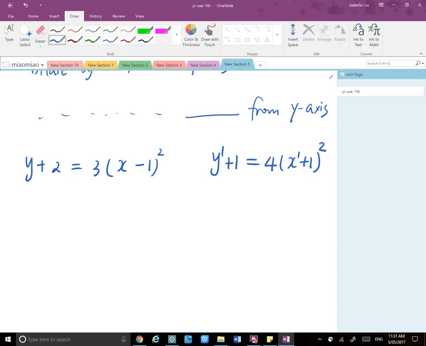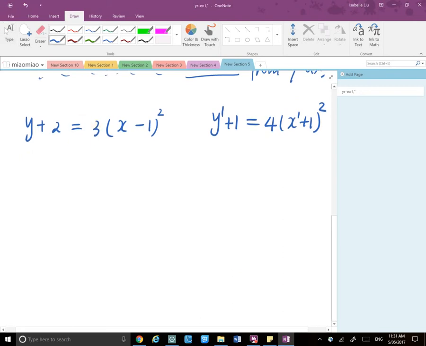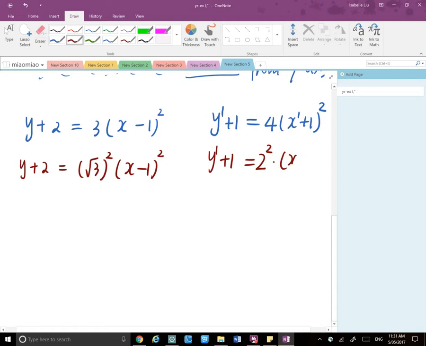This 3 is annoying because it's not part of the model. The model is something squared. So what I can do is change the 3 to square root 3 squared, times x minus 1 squared, and y dash plus 1 equals 2 squared times x dash plus a half, squared.